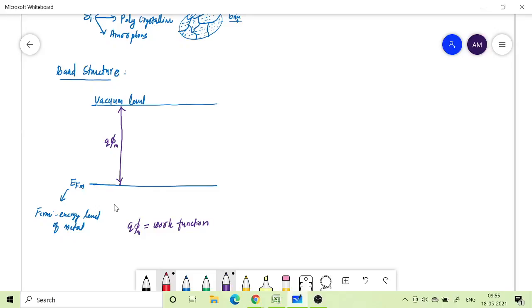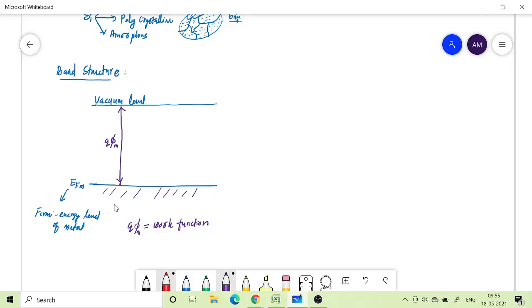In other words, EFM denotes the energy level up to which electrons are filled in a metal. All the energy levels up to EFM are occupied by electrons. Above EFM it is all empty; spaces are available, but they are not occupied because there is a finite number of electrons, though large in number.